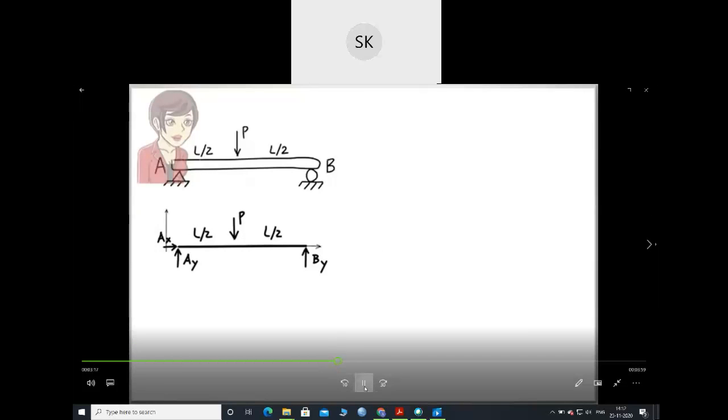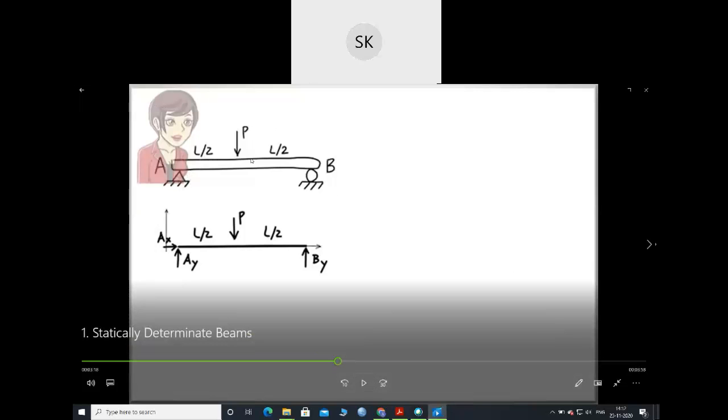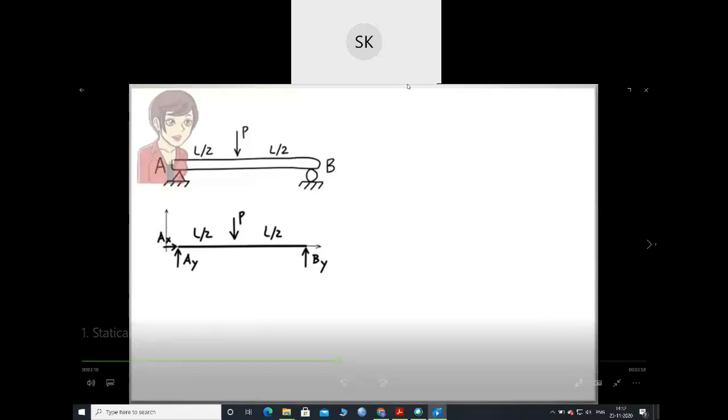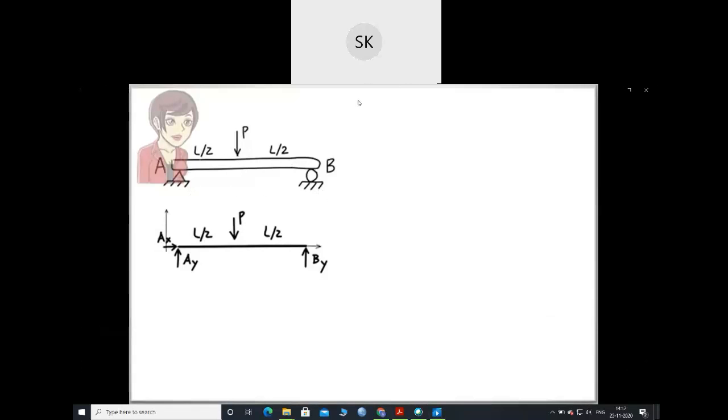So this is a simply supported beam, with one side supported at a pin joint and the other side at a roller joint, and these are the reactions. A single load is applied on the beam at a distance of L by 2 from both the supports.